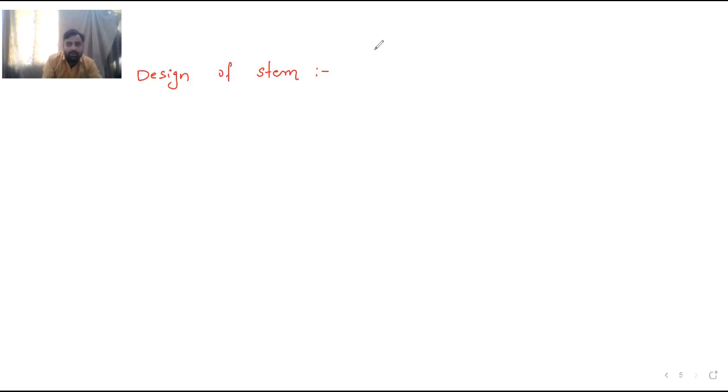So here I will write height of stem. You can refer the diagram which we have drawn in the last lecture. Height of stem is equal to total height minus height of this base slab. So it is 6.4 meters. This is your height of stem.